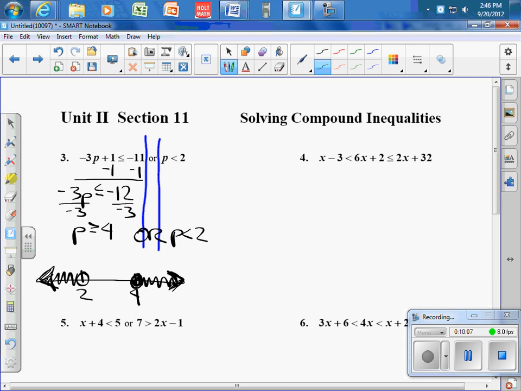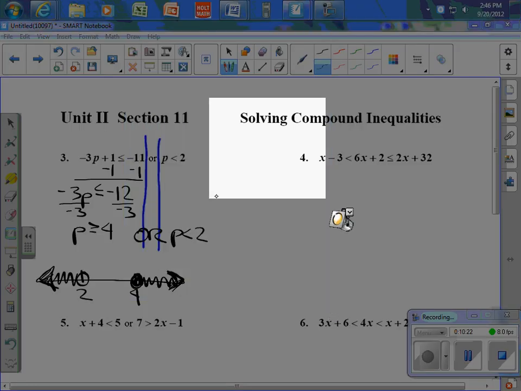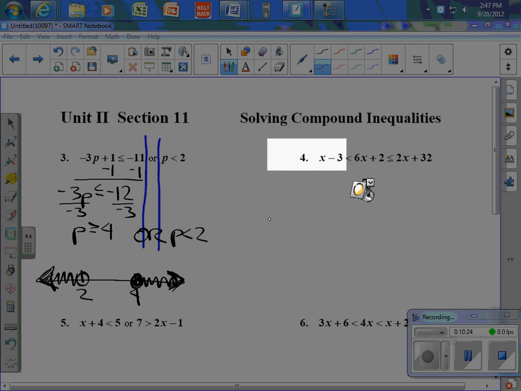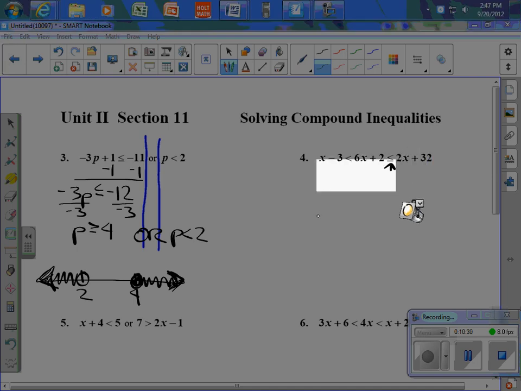Now look at number 4. We have x minus 3 is less than 6x plus 2 is less than or equal to 2x plus 32. Looks complicated, but let's dissect this thing and see what we're really having here. That inequality sign right there gives us this inequality over here.